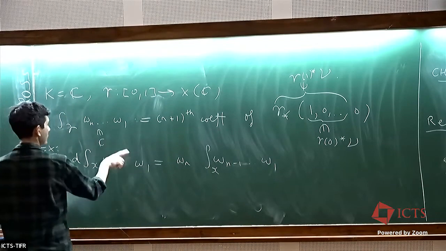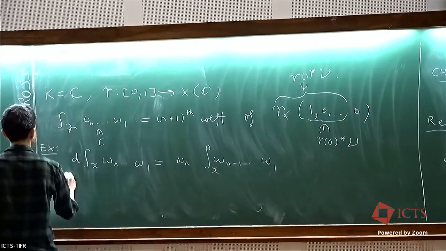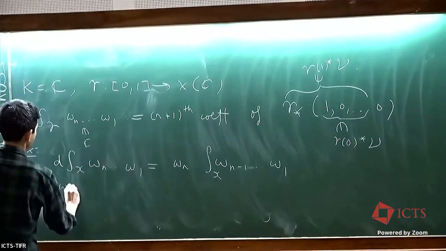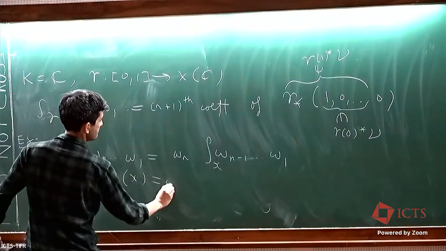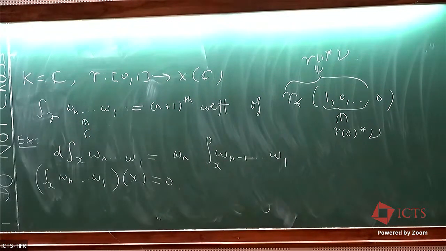That doesn't quite uniquely determine this function, only up to a constant, but then we also impose that its value at x is equal to 0. So that uniquely determines this power series.